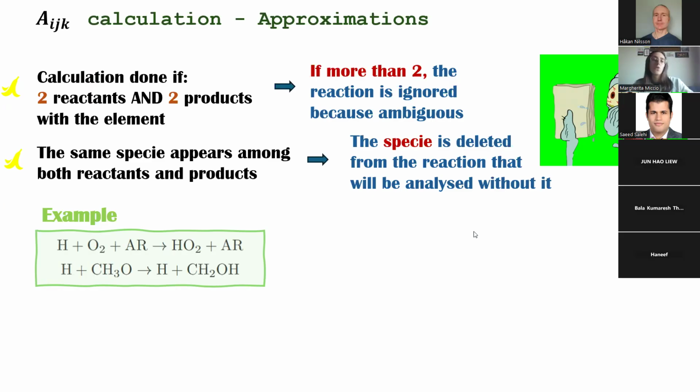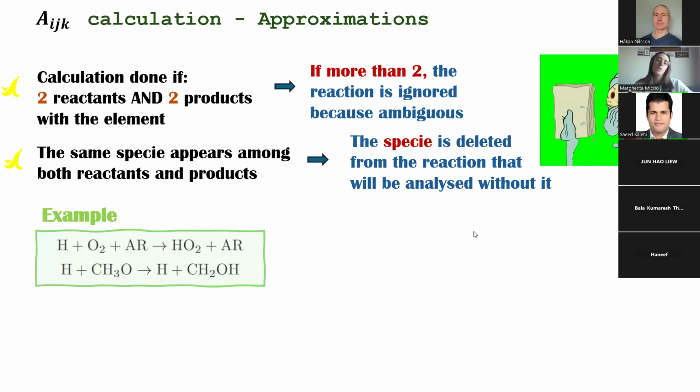Also for the second reaction in the example, we delete the hydrogen and pretend that the reaction is simpler and easier to analyze. But this approximation can work only in special cases when it is really a third body that is not actually involved in the reaction process, but sometimes this could not be the truth.